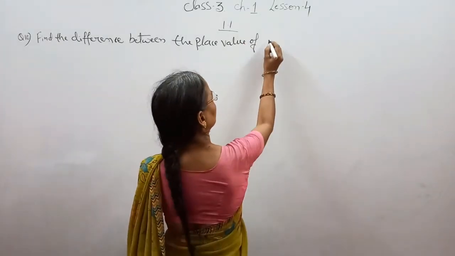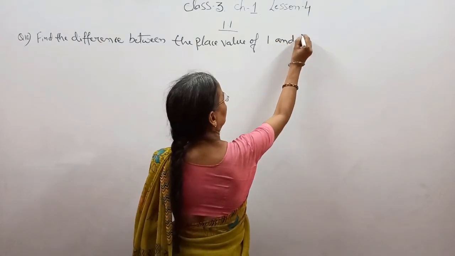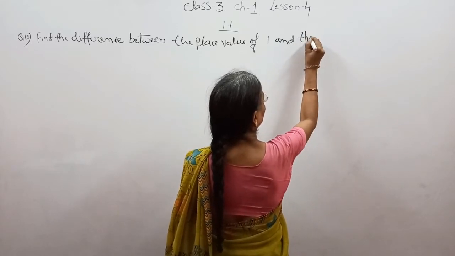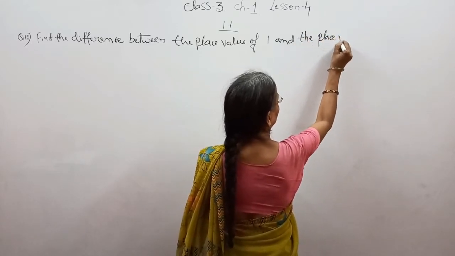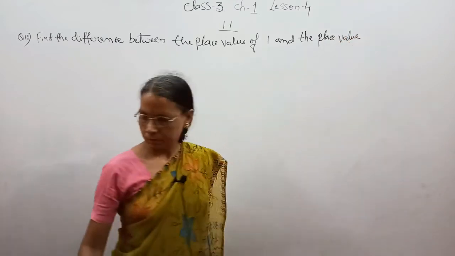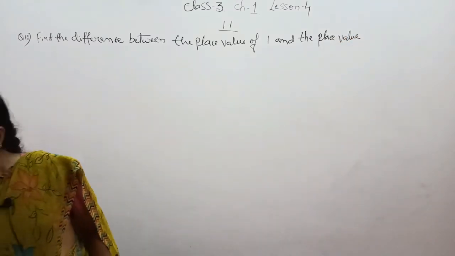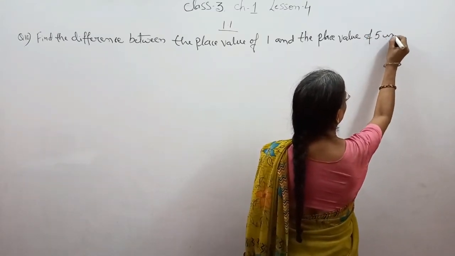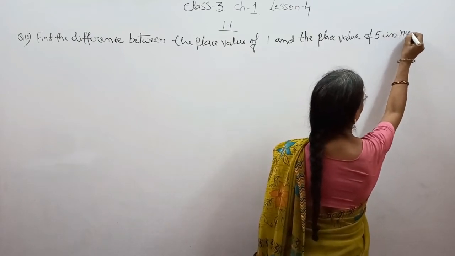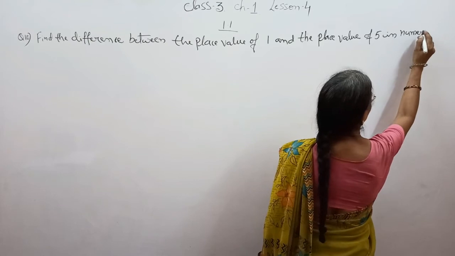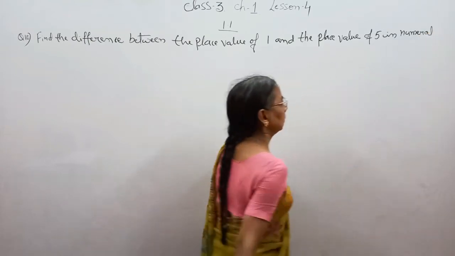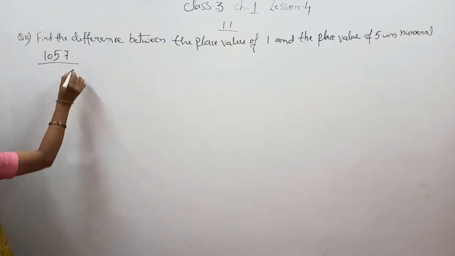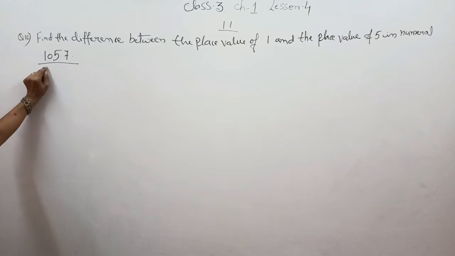1 and the place value of 5 in numeral 1057. Now we have to find the value of 1 and 5.